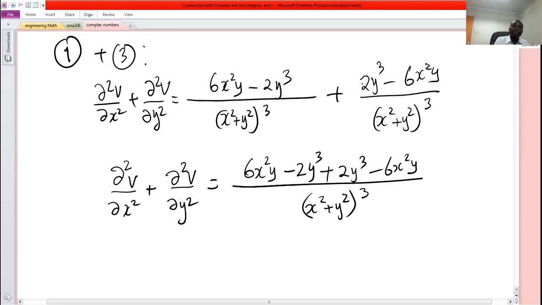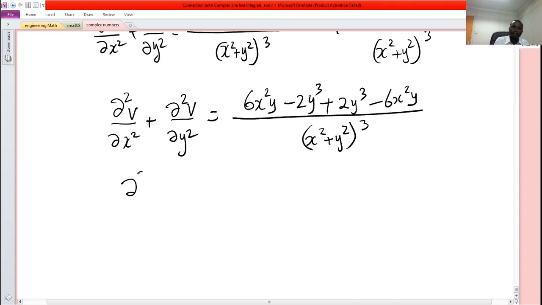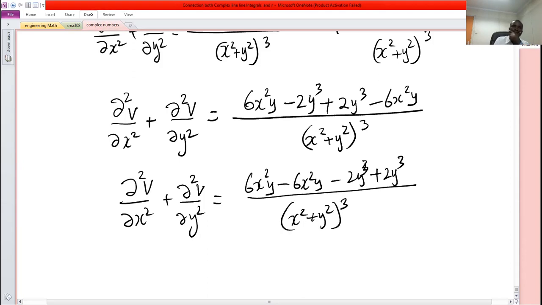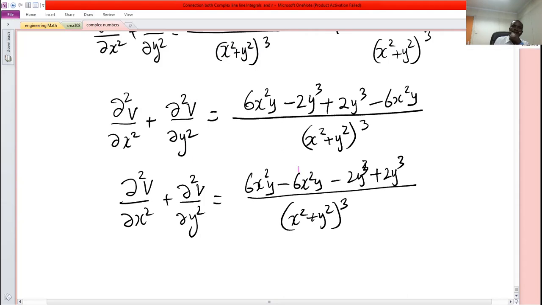I hope it is very direct to see that the numerator is going to be 0, because these two give 0, these two also give 0.